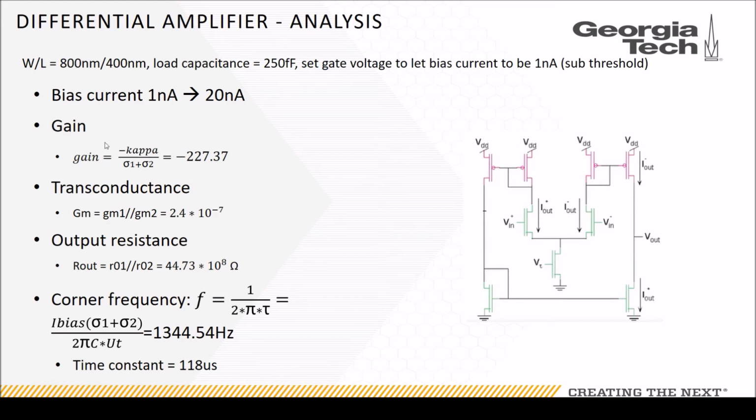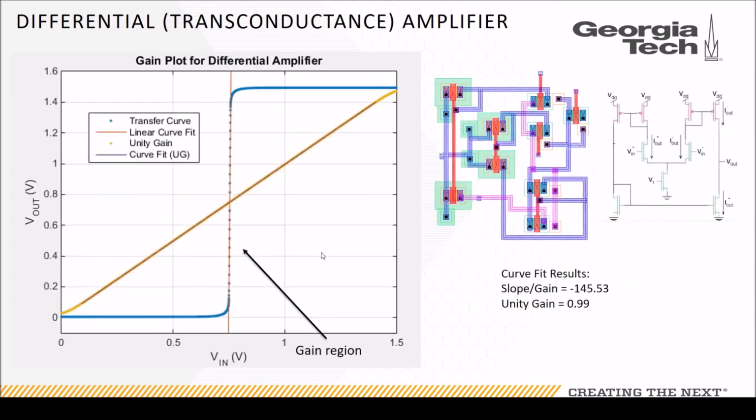And for the gain, transconductance, output resistance, and corner frequency, we have our formulas and calculation results listed here. And for the simulation, we have our layout and schematic on the right. From that, we simulated our Vout versus Vin curve.